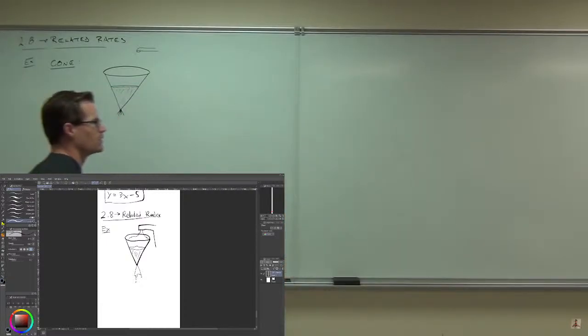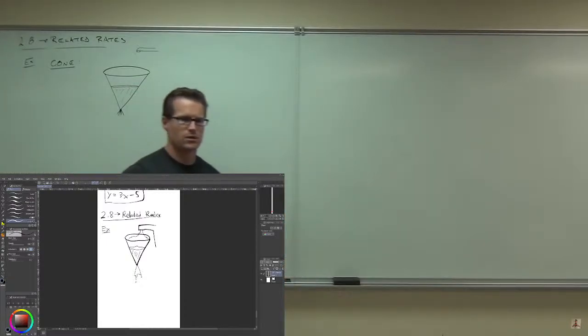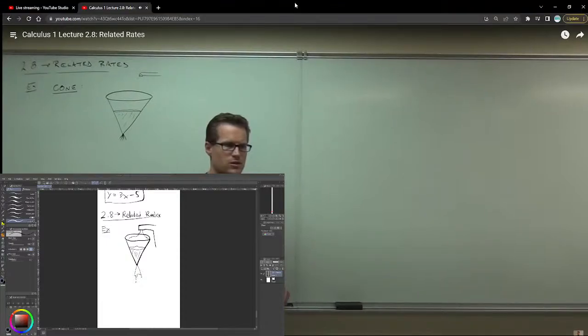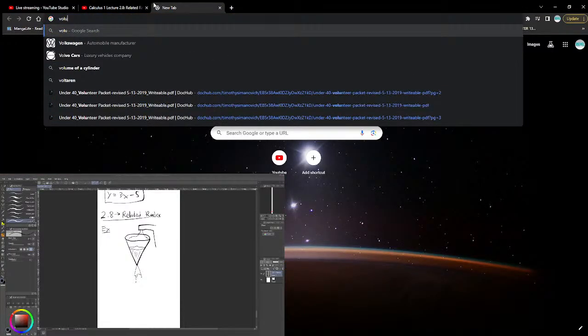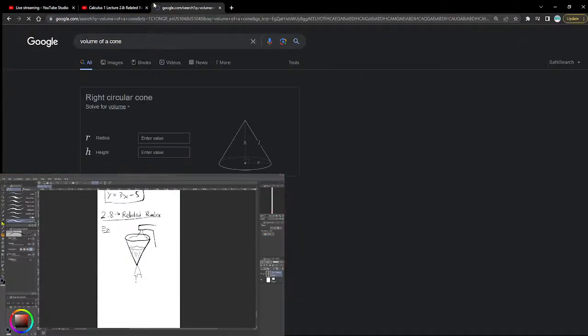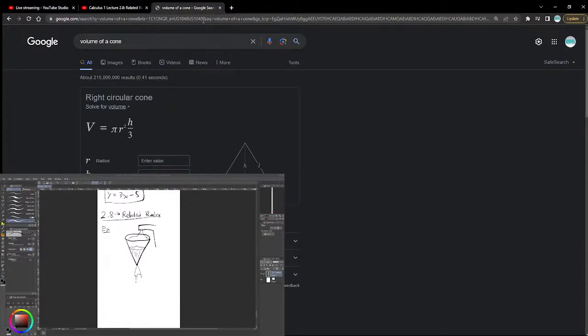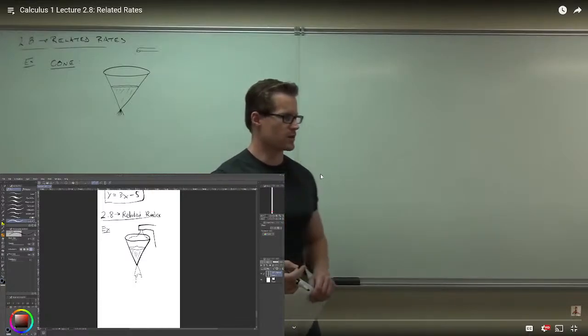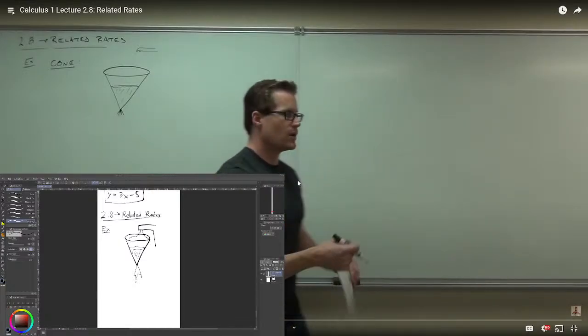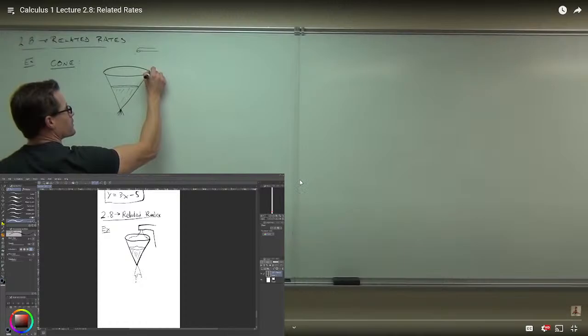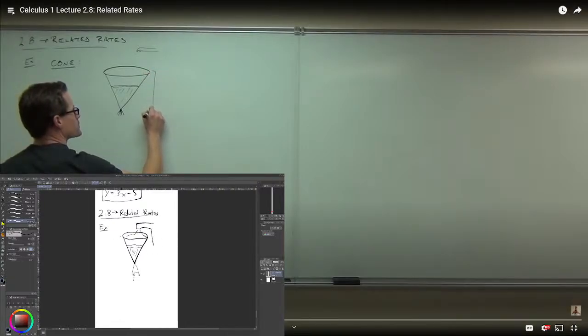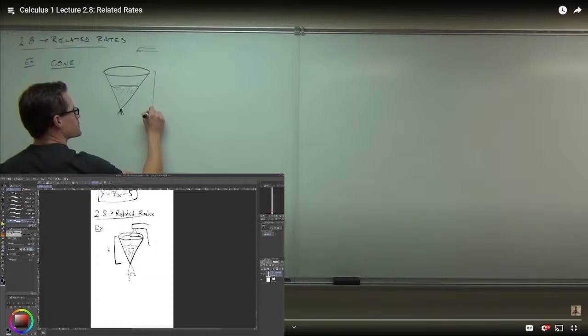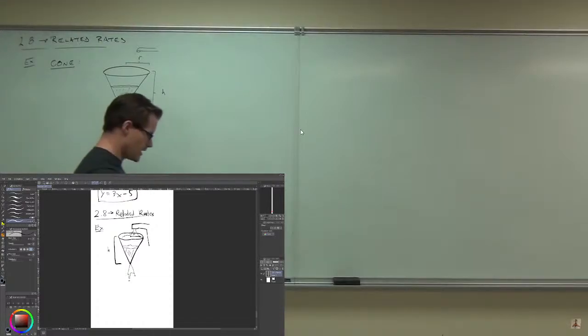What do you need to know to find the volume of a cone? Radius and height. We're going to talk about volume here in just a little bit. Yes, we do need the height of the cone, and the radius of the cone is probably pretty important. So you've got height and radius.